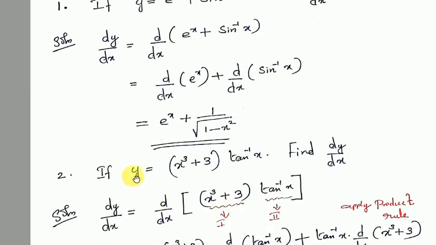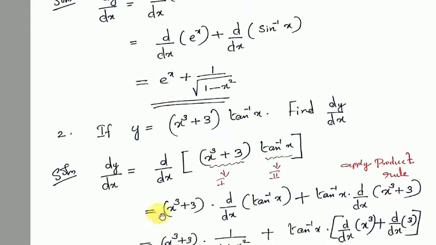Next question. If y equals x cube plus 3 into tan inverse x, find dy by dx. That is dy by dx equals d by dx of, what is y? x cube plus 3 into tan inverse x.